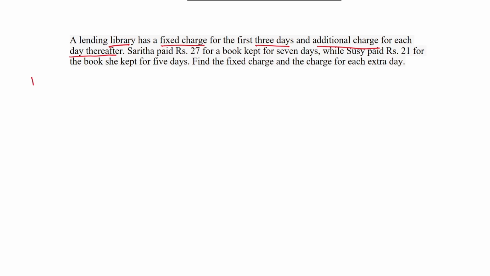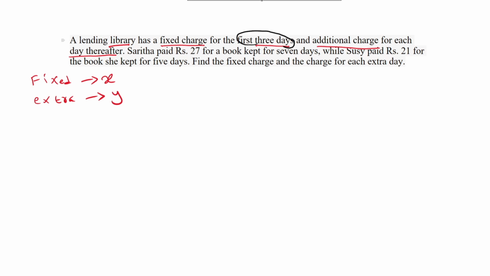So let us take the fixed charges as x rupees and the charge for each extra day as y. Now let us try to write the equations for this. Fixed charge is there for the first 3 days.